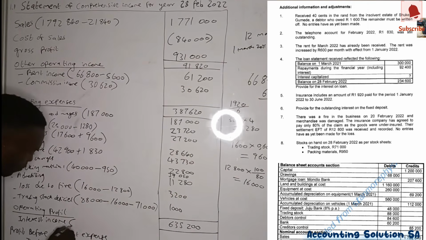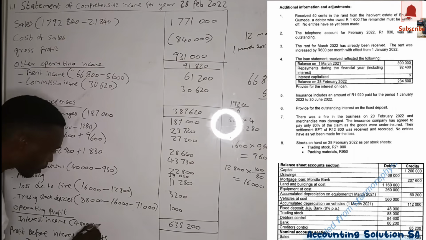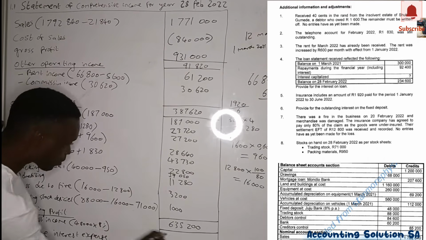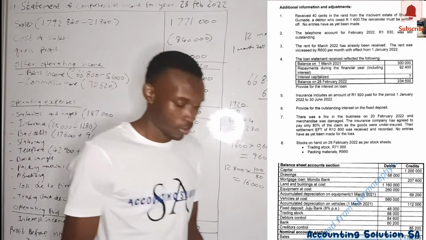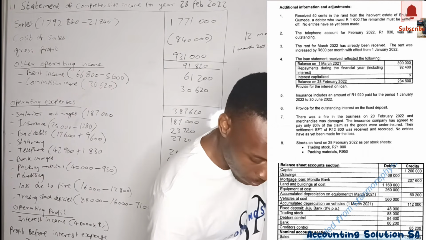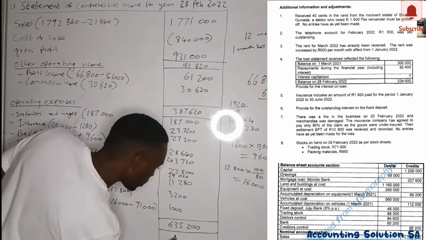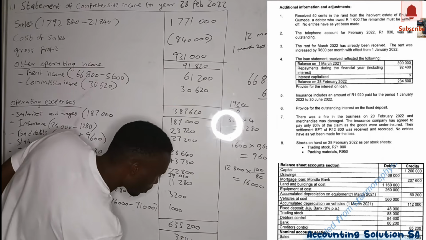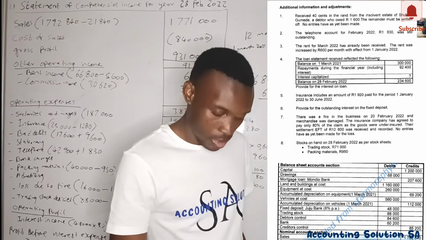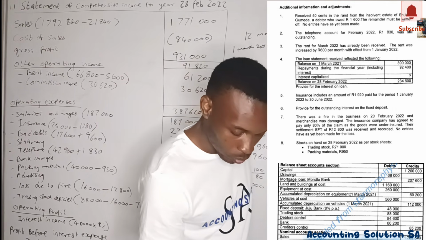You just take 48,000 and multiply by the percent that they give you, which is 8%. Then it's going to give us an answer. 48,000 multiplied by 8% gives us 3,840. Very simple. Then after that, this is what you are going to do.